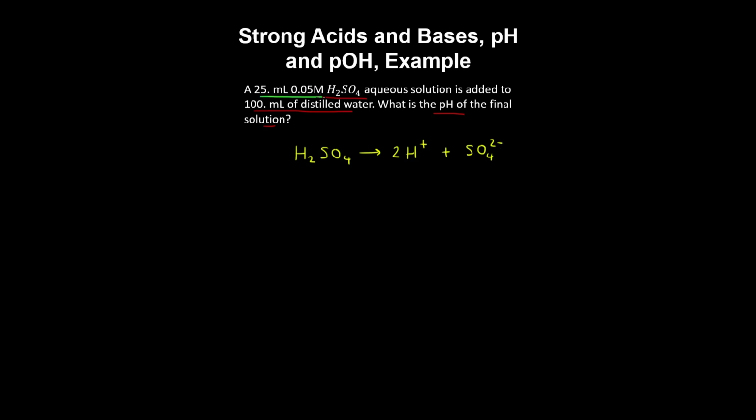And given these values, we can find the number of moles of sulfuric acid in the original solution. So 0.05 molar or moles per liter multiplied by the volume of the solution.